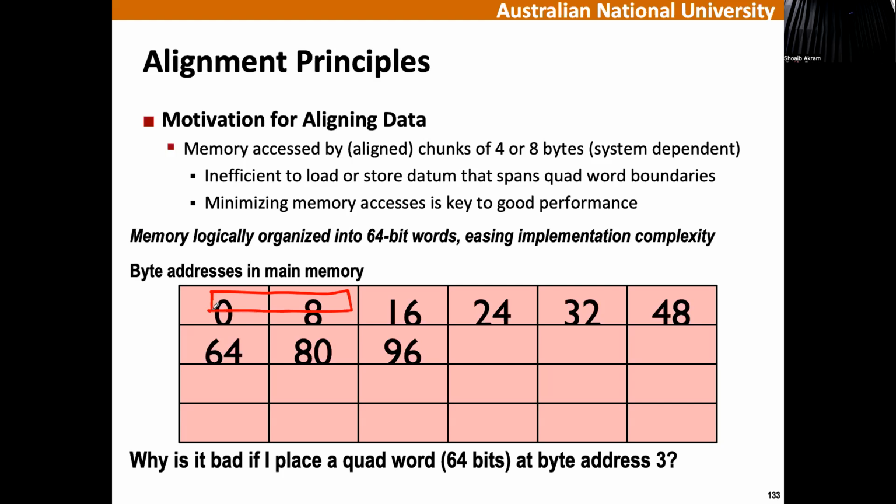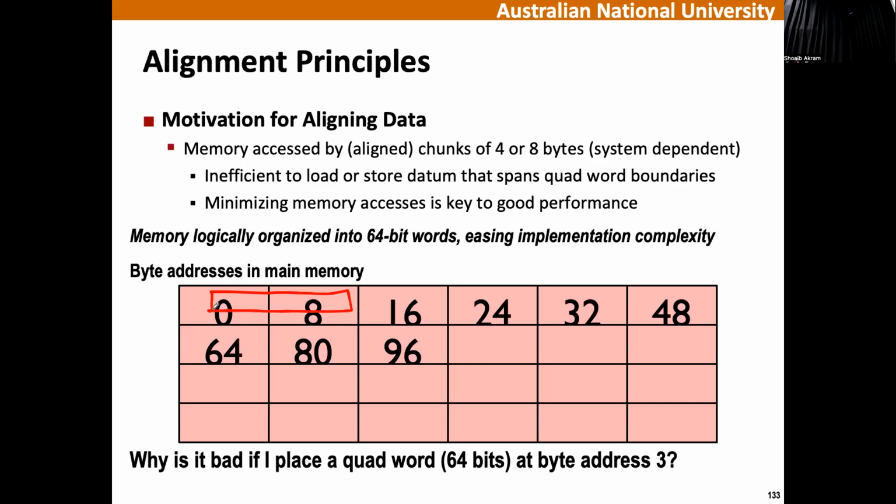If I place the 64-bit word at 0 or 8 or 16 or 24, the processor does one memory access and brings the whole word. It doesn't have to do any shuffling, nothing. This is what we mean by alignment.